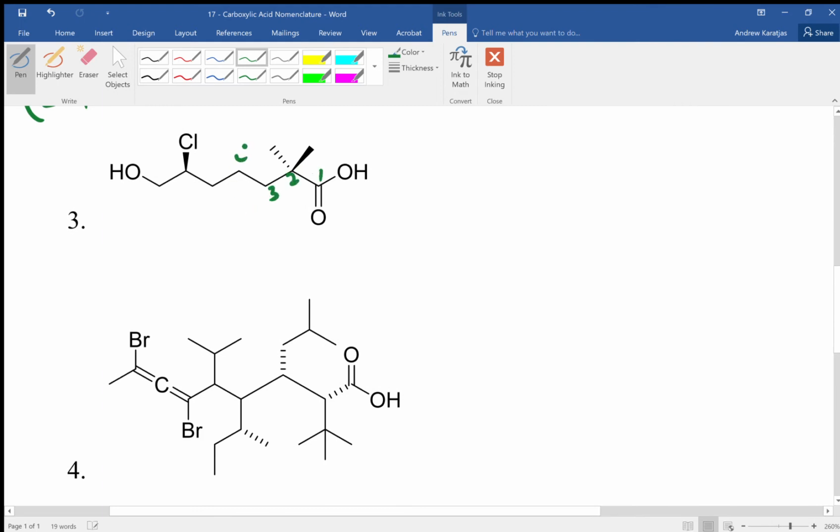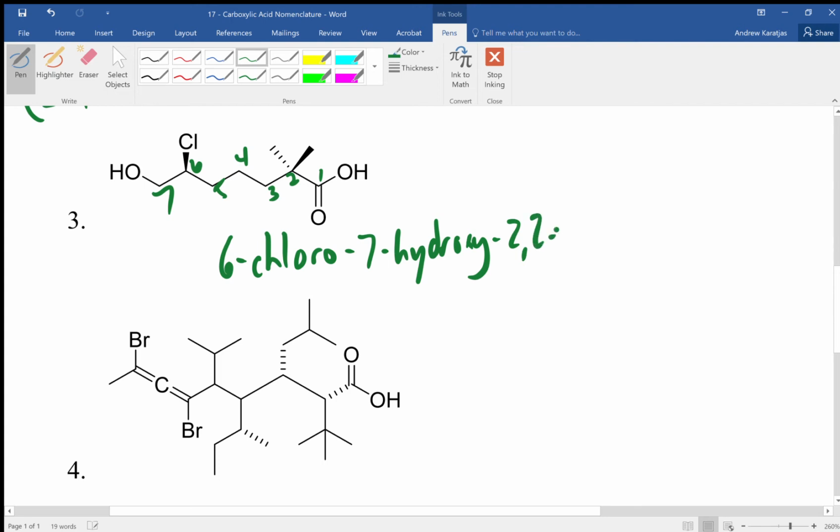Again, we can number this. And then we have 6-chloro, 7-hydroxy, 2,2-dimethyl heptanoic acid.